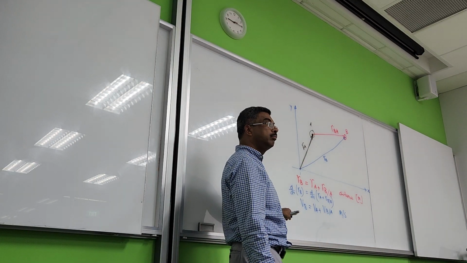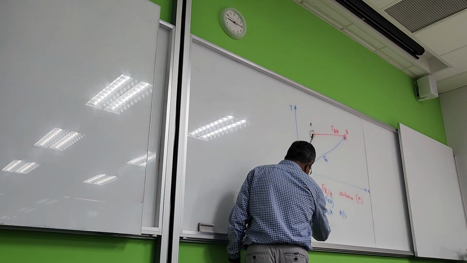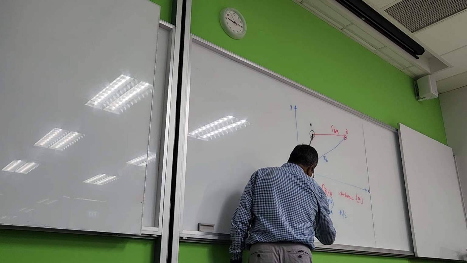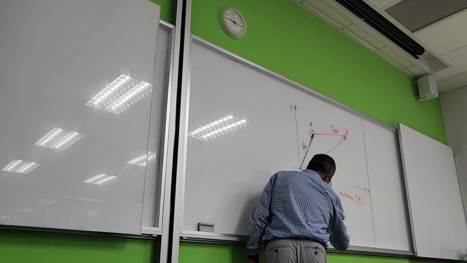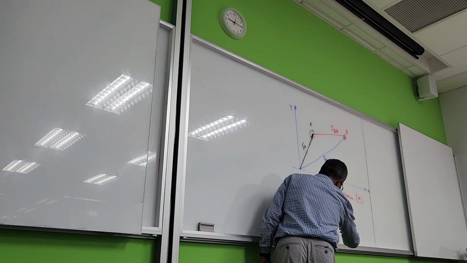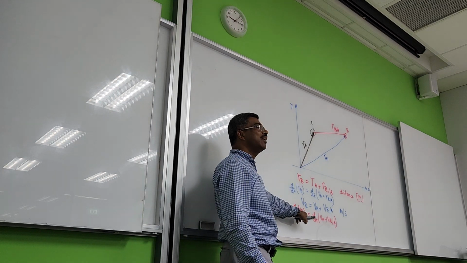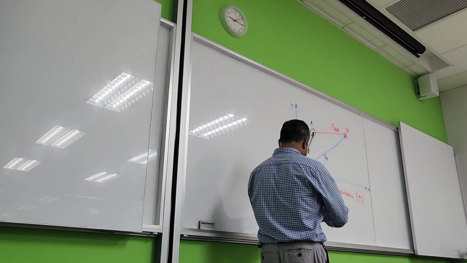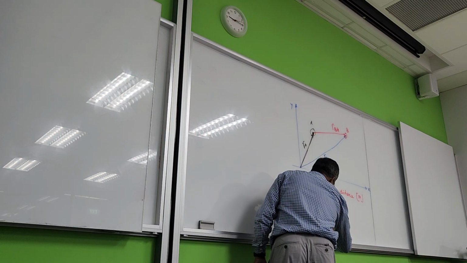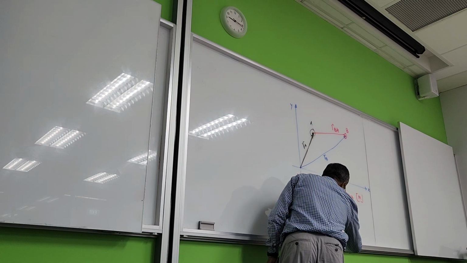Clear to everyone? And then if you differentiate this equation again, dV by dt, you put V_B here, and here dV by dt, you put V_A plus V_B relative to A, and that becomes acceleration. You differentiate your velocity again with the time, it becomes acceleration: A_B equals A_A plus A_B relative to A. Now look here very carefully, young people.